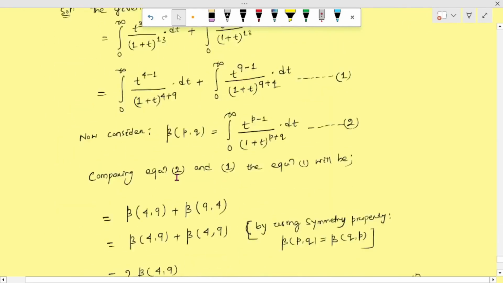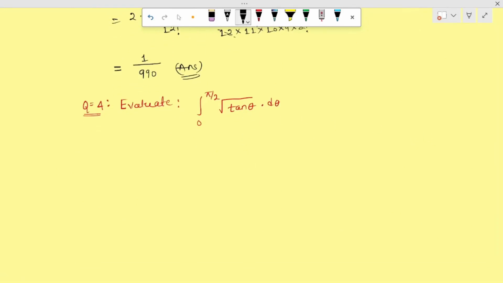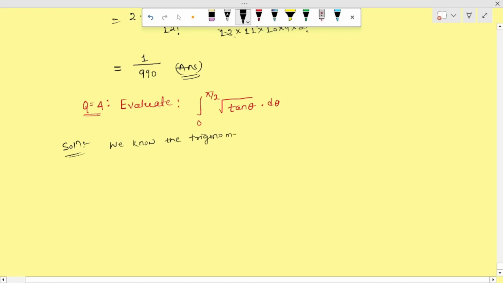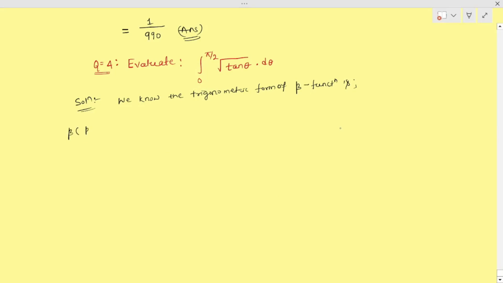So let's start. First I will write the trigonometric form here. Solution starts. We know the trigonometric form of beta function is beta pq equals 2 into integral from 0 to pi by 2 of sine to the power 2p minus 1 theta into cos to the power 2q minus 1 theta d theta.